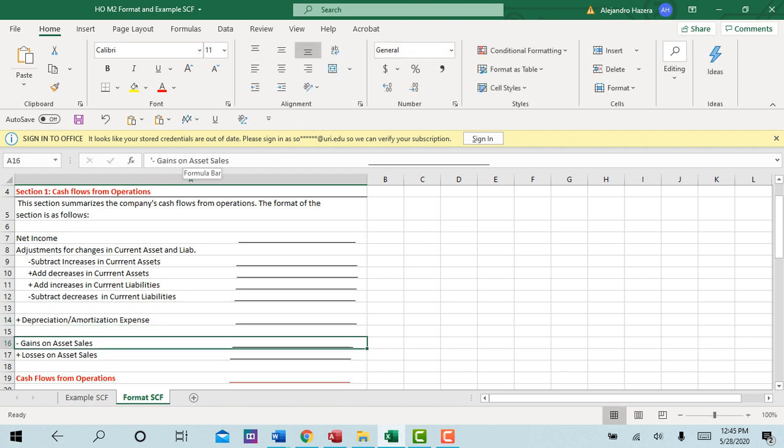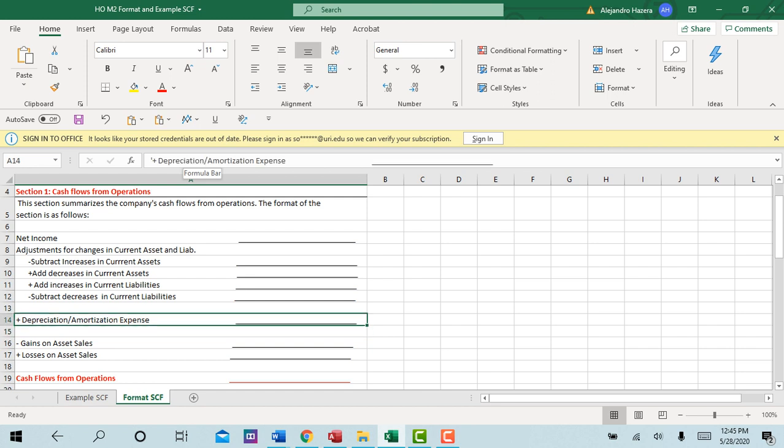Okay, the first one is after you start with net income and make the adjustments for current assets and liabilities, then you add back your depreciation expense. Depreciation expense is always added back because it's a non-cash expense.